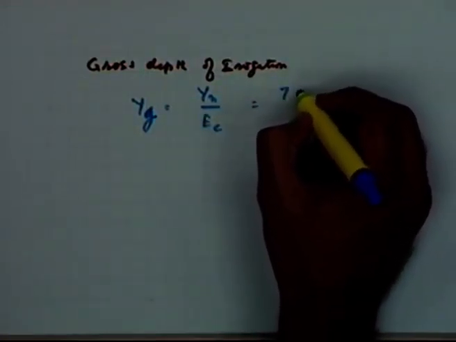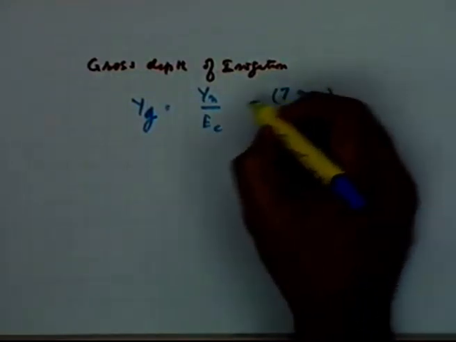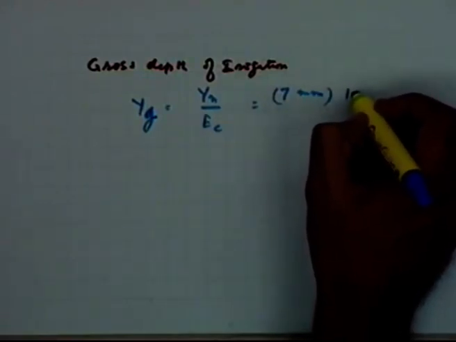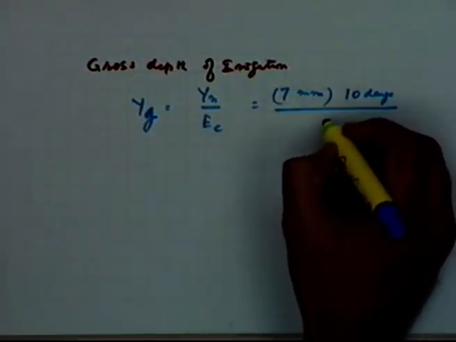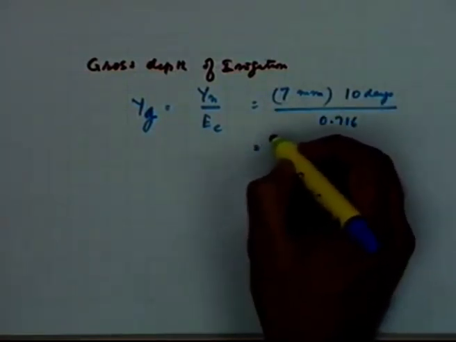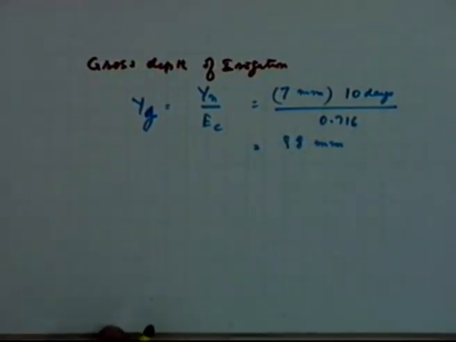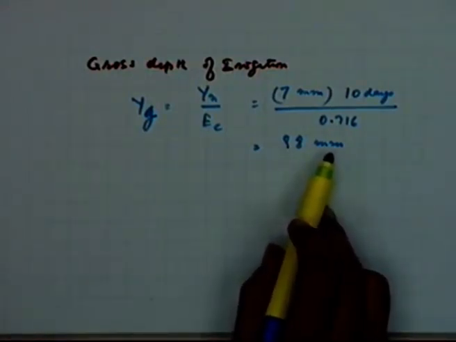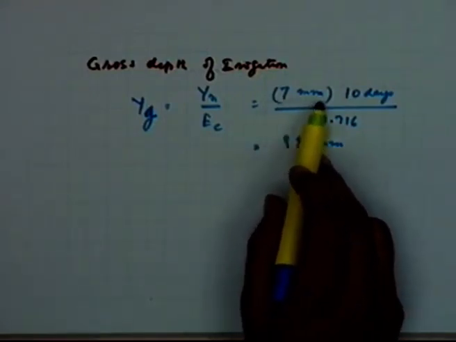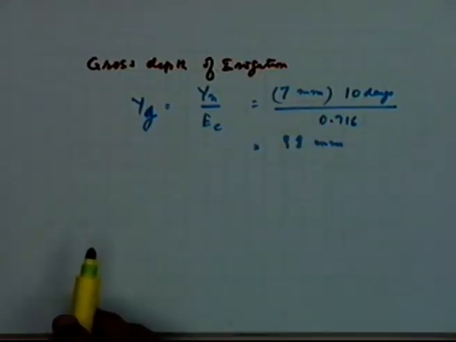The net depth is 7 millimeters per day for 10 days. So this is the gross depth of application which is required. We have assumed that the net depth is equivalent to the requirement, which is the peak consumptive use.